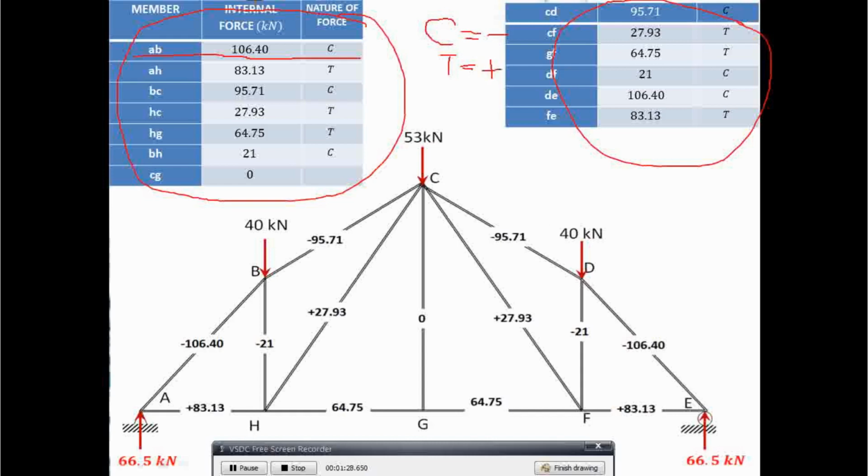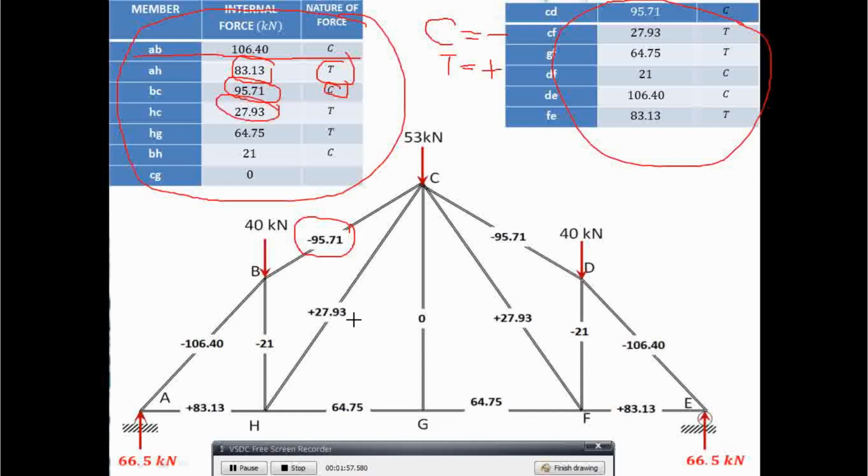So, since AB is under compression, that is equal now to negative 106.4. AH is tension, 83.13, so that is positive 83.13. BC is 95.71 under compression, kaya negative.